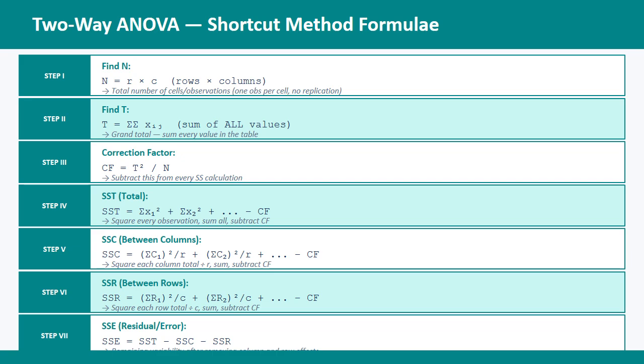Step 5 is SSC, that is for columns. Step 6 is finding SSR for rows. Step 7 is finding SSE, that is the remaining variation. So this method helps us to understand how much variation is due to rows, how much is due to columns, and how much is due to randomness.